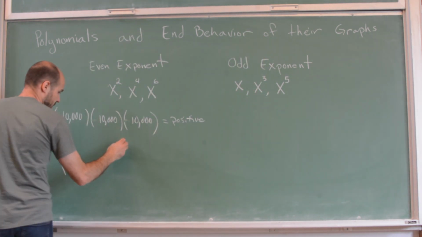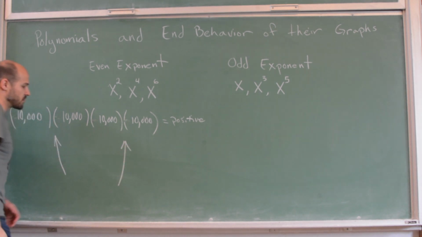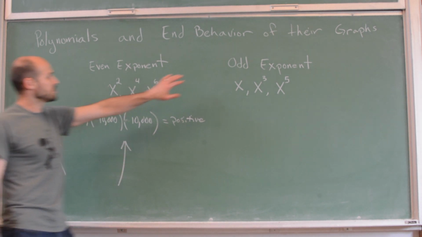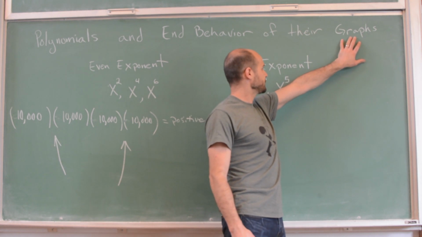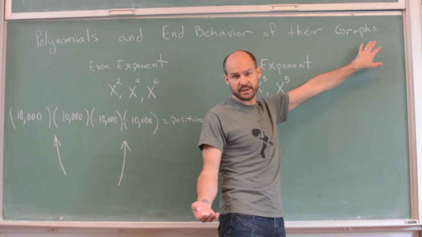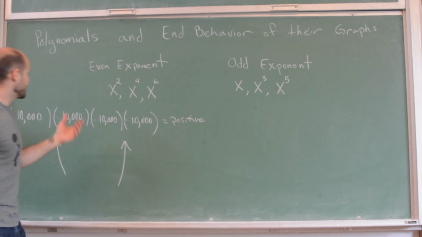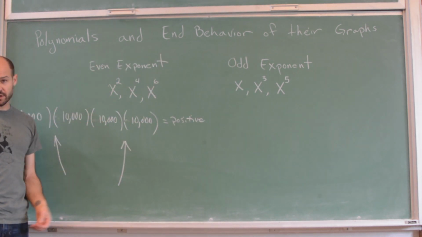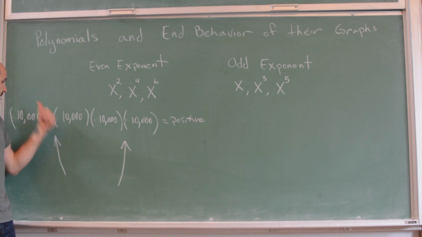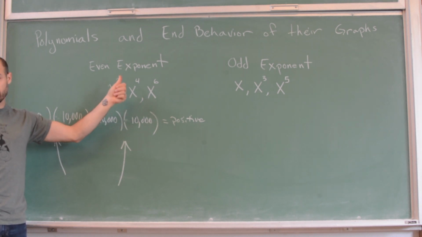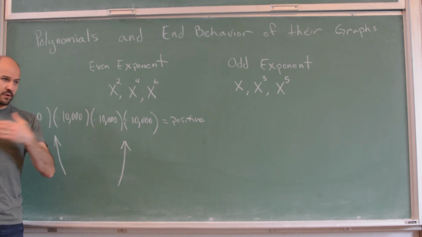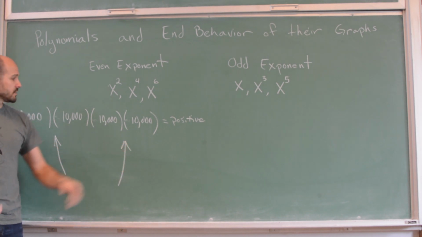So the end behavior over there looks like this. Remember, again, we're going to be graphing these polynomials, or at least understanding what their graphs look like. And for an even exponent leading term, the graph is going to increase whether your x value is negative or whether your x value is positive.